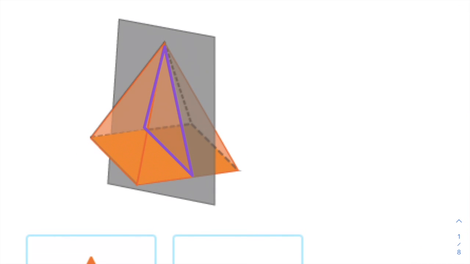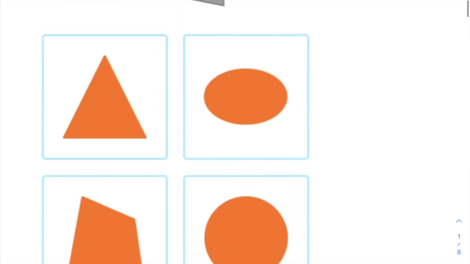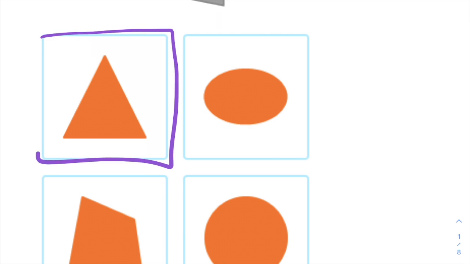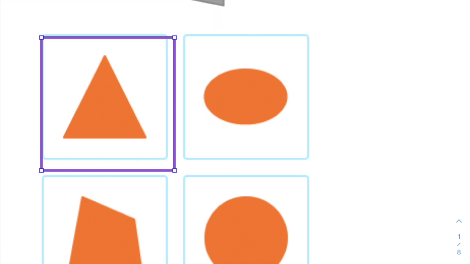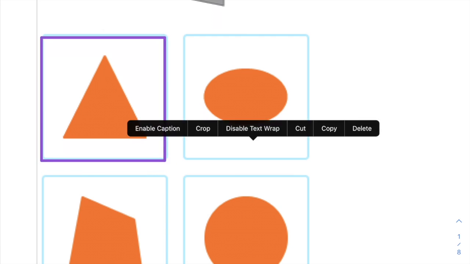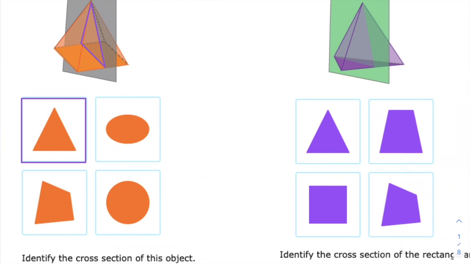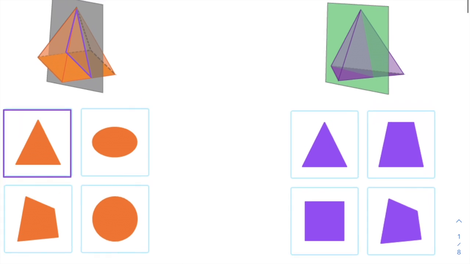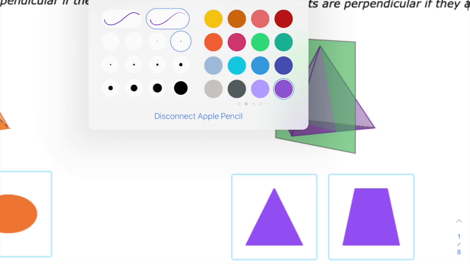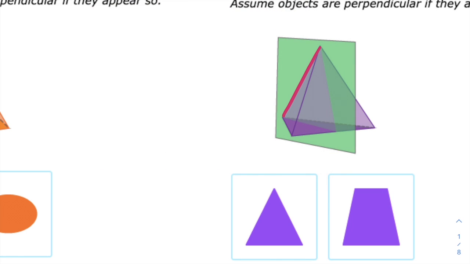It's a little bit hard to see that that's actually a perfect triangle, but right here, the answer is this right here. Okay, that's the resulting two-dimensional figure that results from the cross-section of our three-dimensional geometric solid. Okay, again, we have a triangle right here, and this will actually be what is resulting from it.